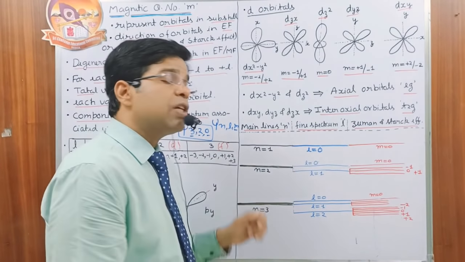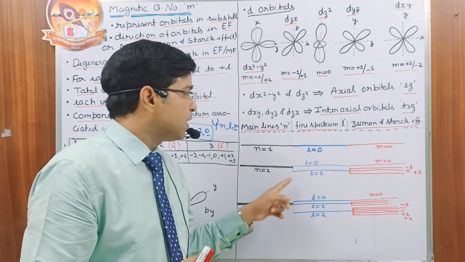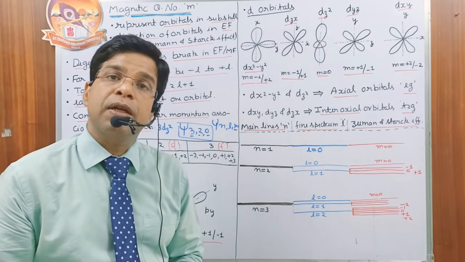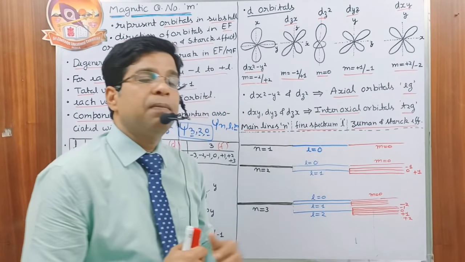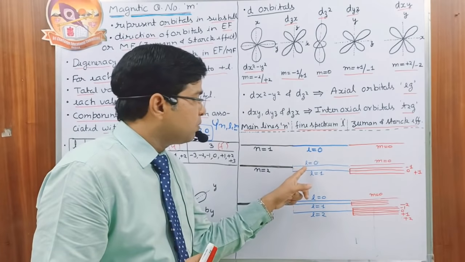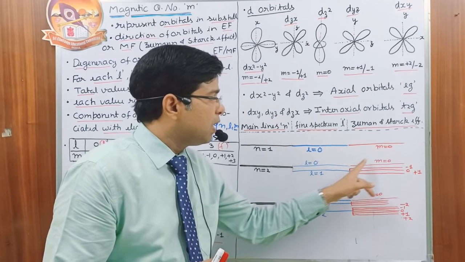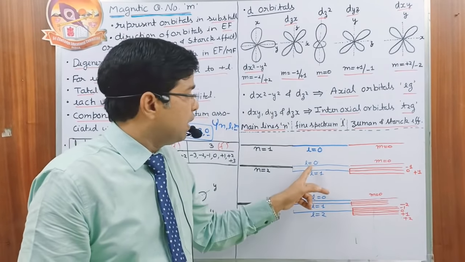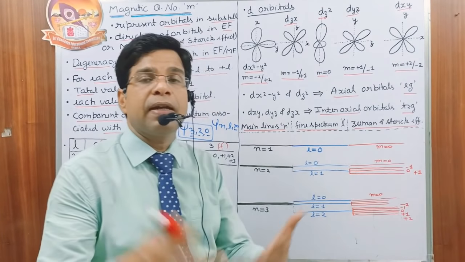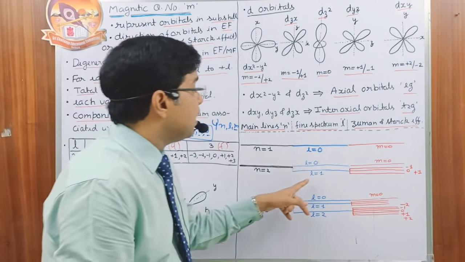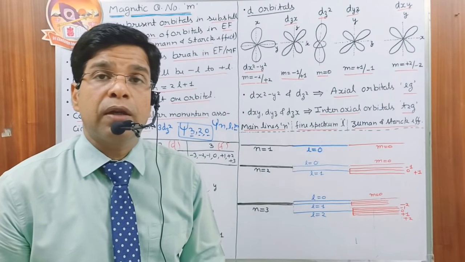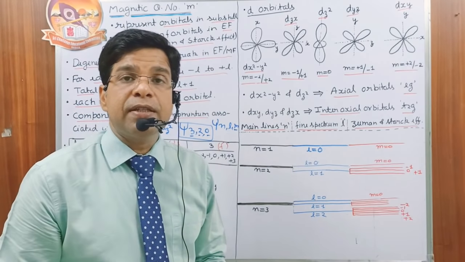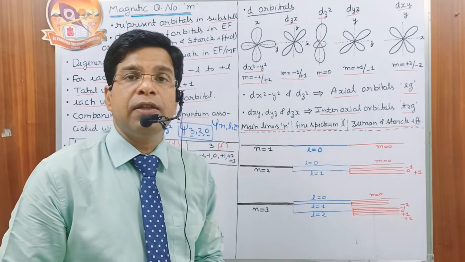But the second shell is made by two subshells. One is the s subshell, one is the p subshell. If the value of l is equal to 0, the value of m is also equal to 0. In the s subshell we have only one orbital, the s orbital. But for l equal to 1, this p subshell is actually made by three orbitals.